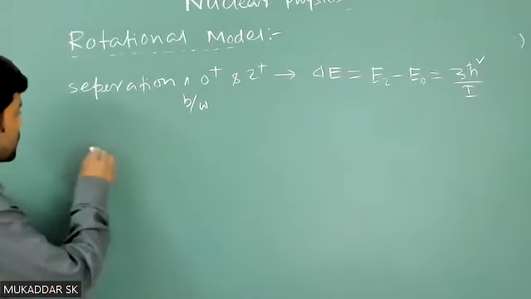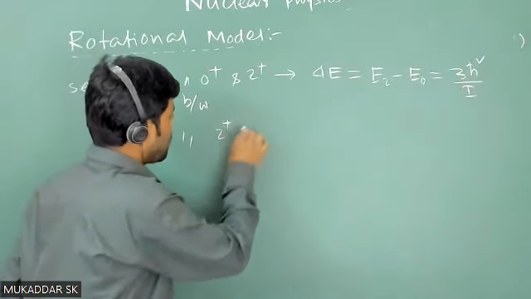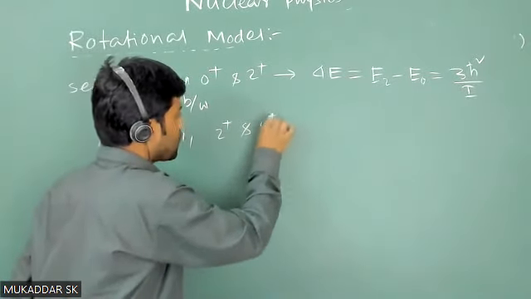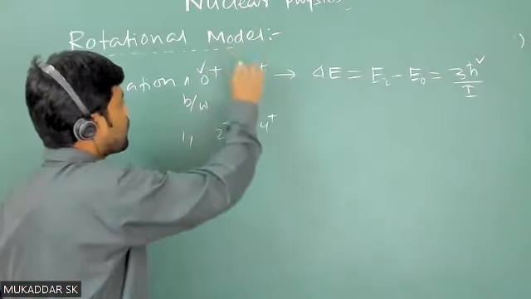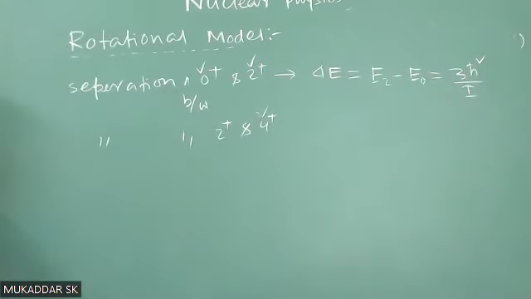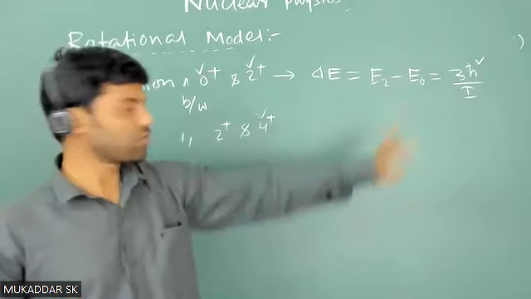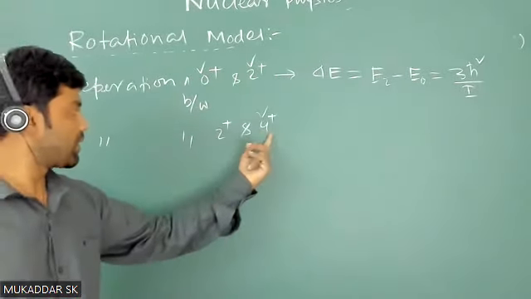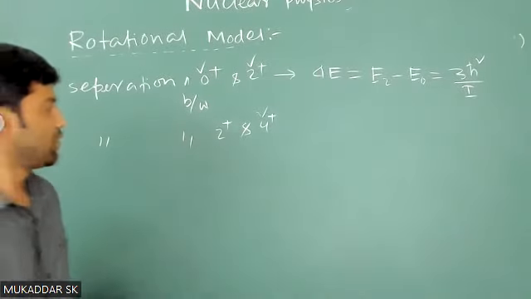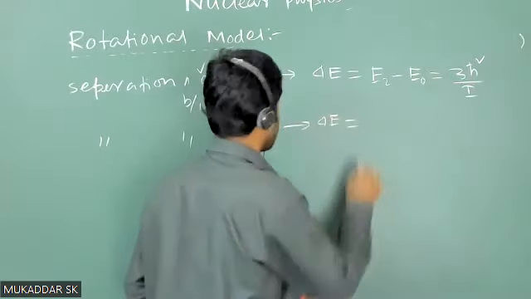Next, the separation between 2 plus and 4 plus. So this 0 corresponds to the ground state, this is your first excited state, this is your second excited state. The separation between first excited state and ground state is 3 h cross square by I. The separation between second excited state and first excited state, how much is that?